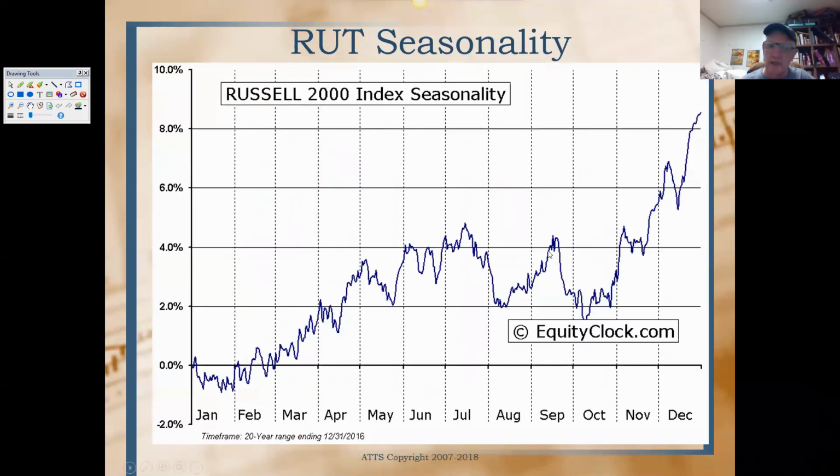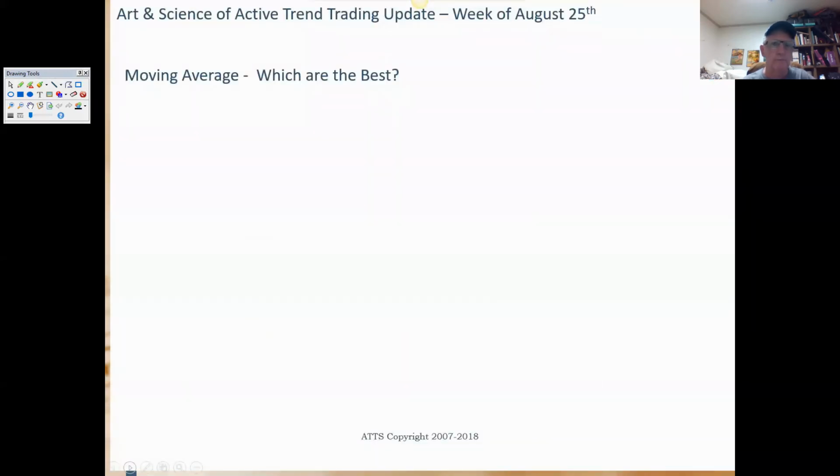Russell may get a little bit of a sprint higher in the late August into September, mid-September timeframe, but then it should get a pullback into the mid-October range. And remember, the Russell and the NASDAQ normally have a tendency to run more in the last 3 months of the year than the S&P.